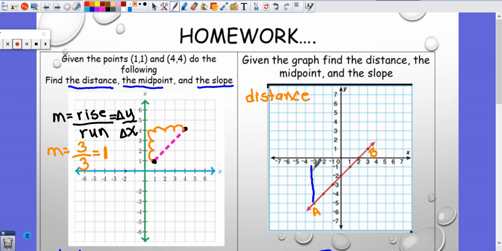So I'm going to draw my right triangle, or you can draw it at the bottom, whichever you want. So here I'm 1, 2, 3, 4, 5, 6. This is 6. Let me make that a little straighter.